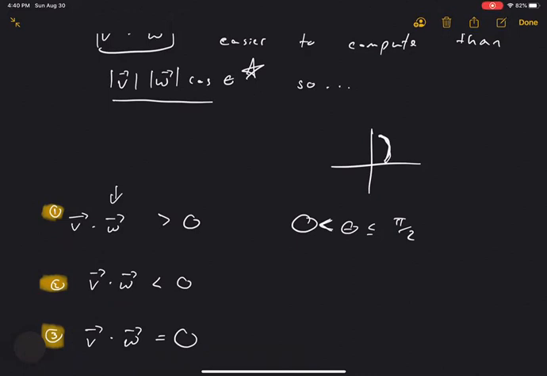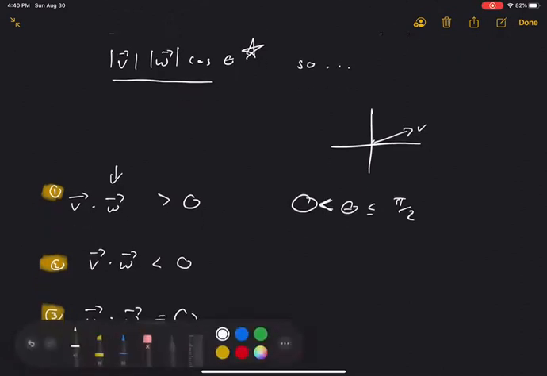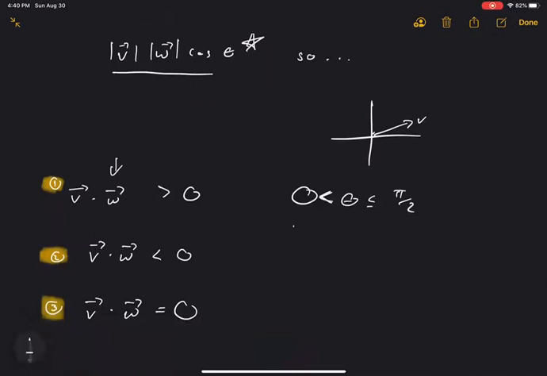So we could also think of this as saying, okay, if that's my V and my W is less than 90 degrees away, so maybe it's here, they're sort of pointing in the same direction, right? They're both pointing up and to the right, basically. So that's a way we could think about this. Call it same direction-ish.